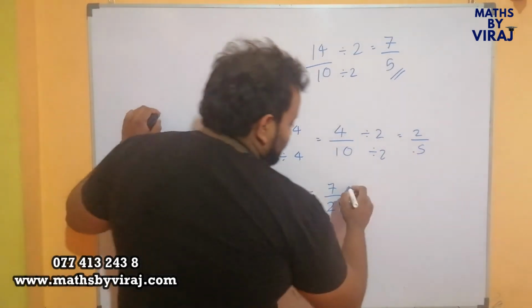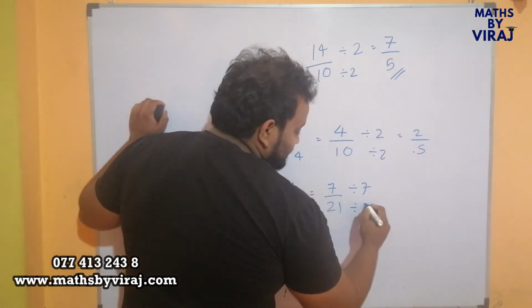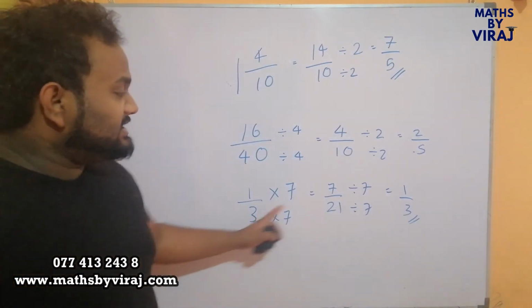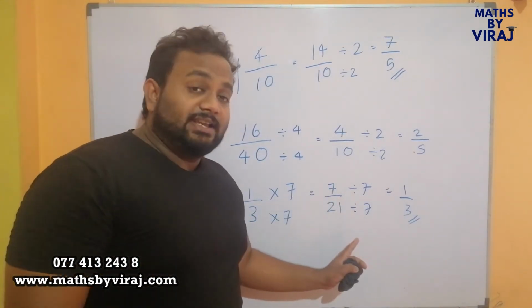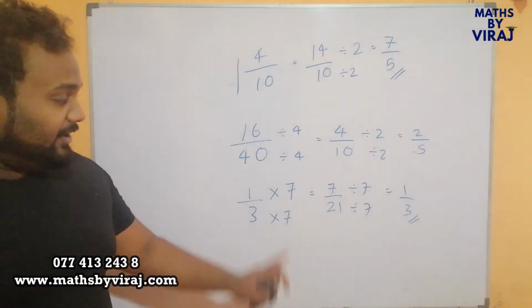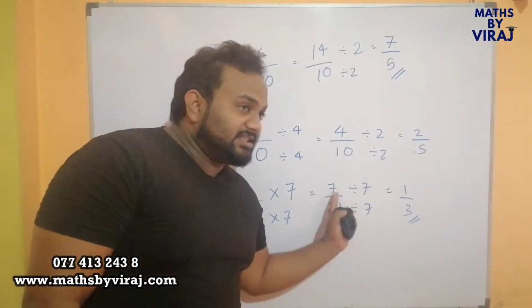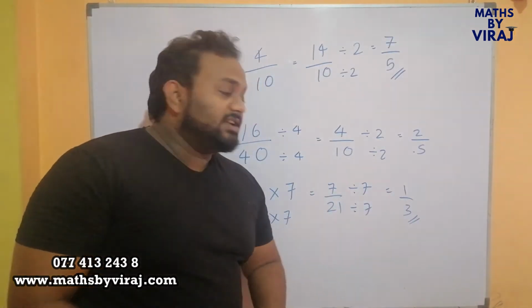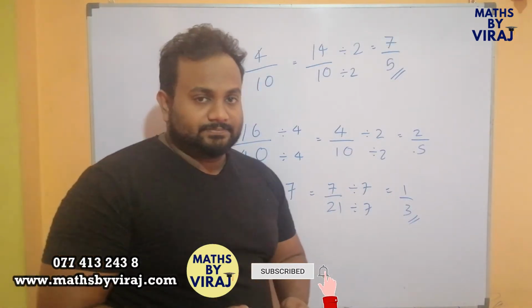That is, if you divide this by 7, it is going to be 1 over 3. Now this 7 over 21 is a similar fraction to 1 over 3. And also we can say that if the fraction given to us was 7 over 21, the simplified version is 1 over 3.